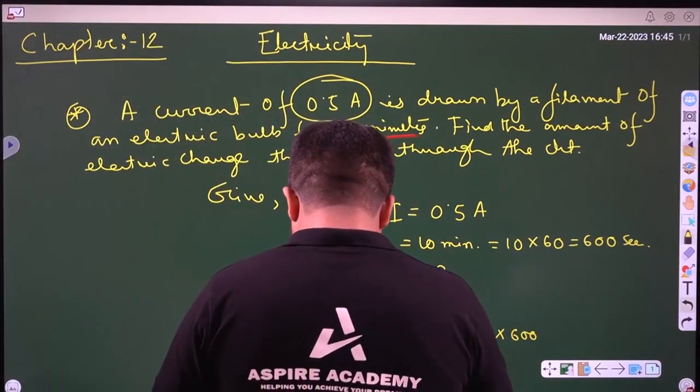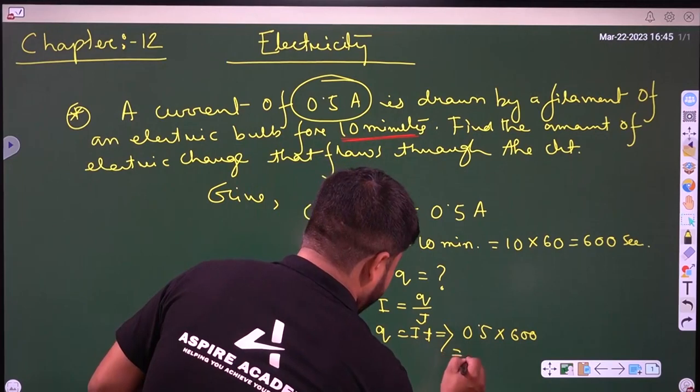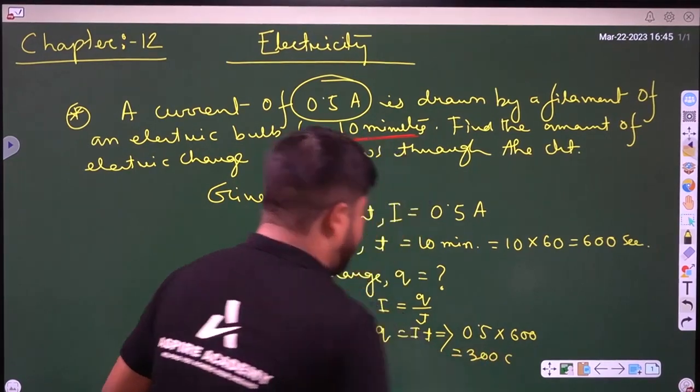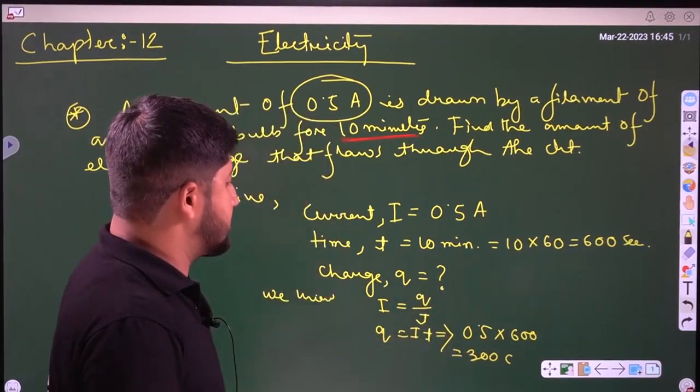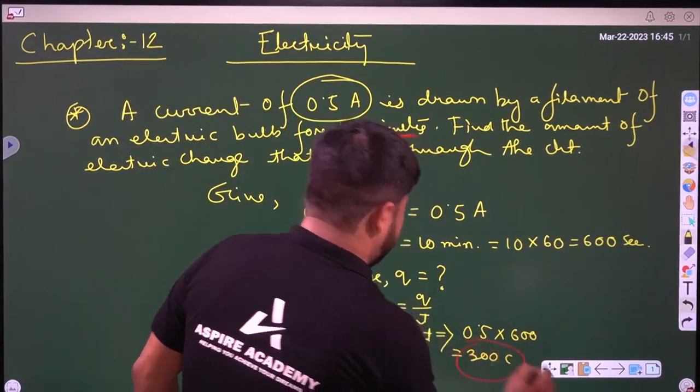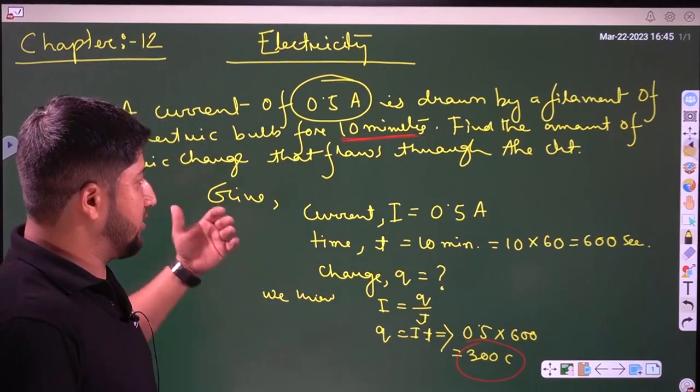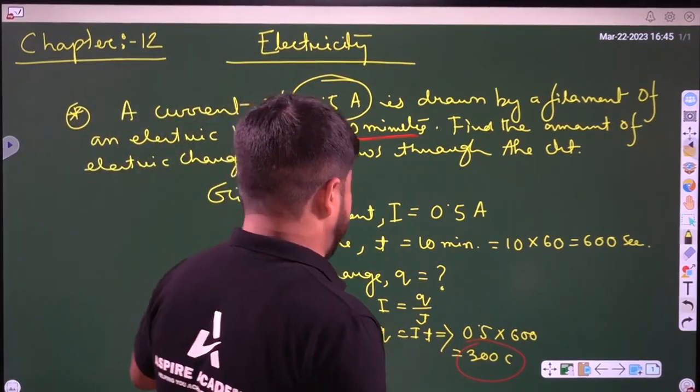After this multiplication we get 300 coulomb, because the SI unit of charge is coulomb. That's why the answer is 300 coulomb. Any confusion? Ask me. Okay, so this is all about this numerical.